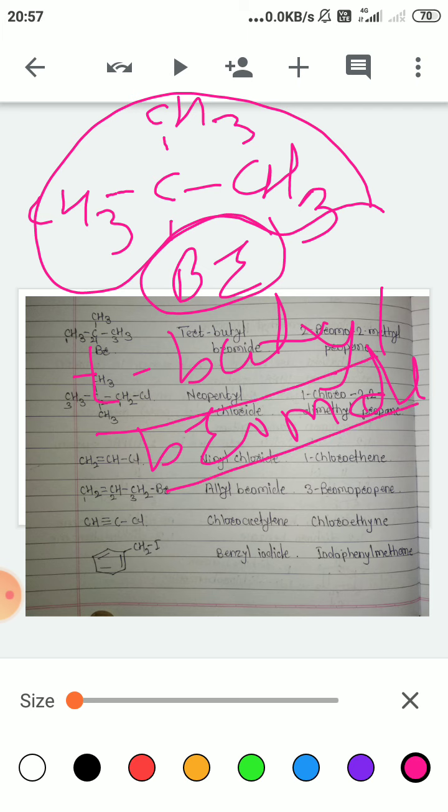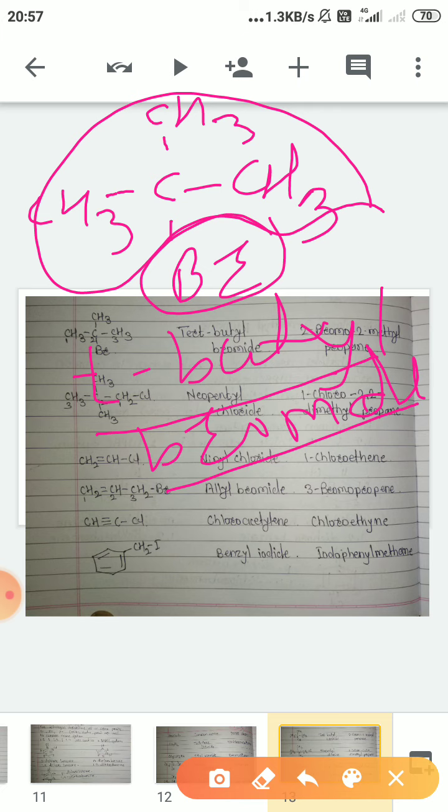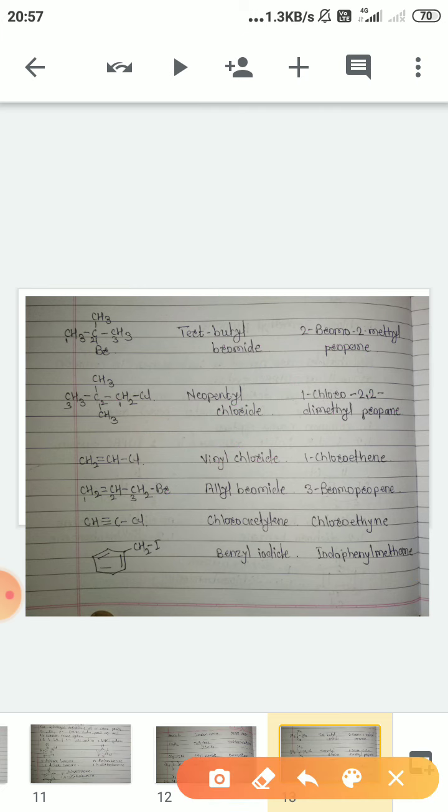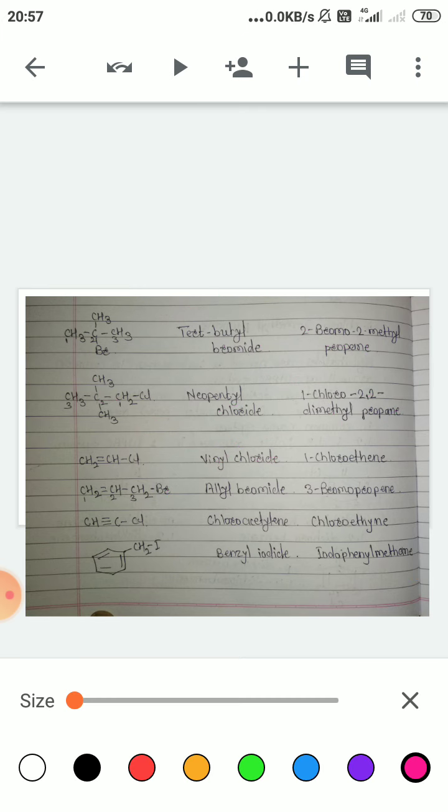Now let's see the IUPAC nomenclature. First select the longest continuous chain. This is the longest continuous chain, containing 3 carbon atoms.